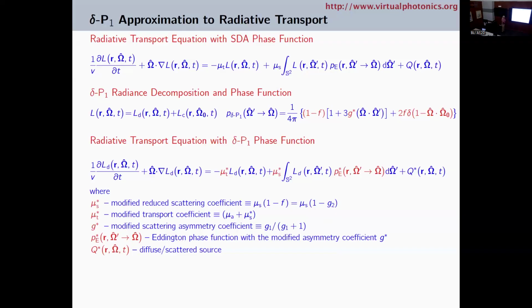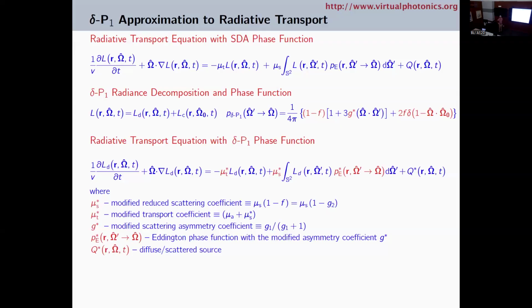And for the Henyey-Greenstein phase function, the second moment is G squared. So that's one of the nice things. Henyey and Greenstein made it up, but they made it up so that if you know the first moment, you know all the other moments.